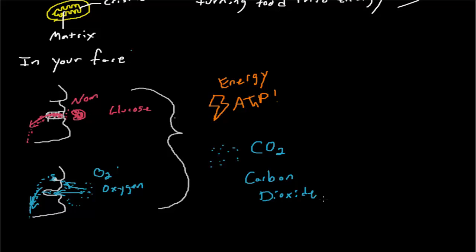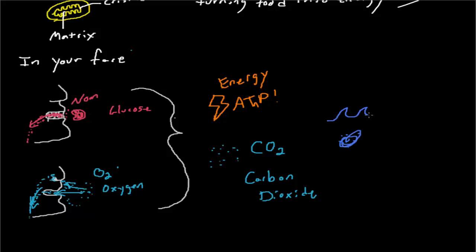That's why we have to breathe out. We breathe in for the oxygen. We use the oxygen to make ATP. We end up with carbon dioxide that we have to send back out. And when you do this process, you also end up making a little bit of, oh wait, wrong drawing.